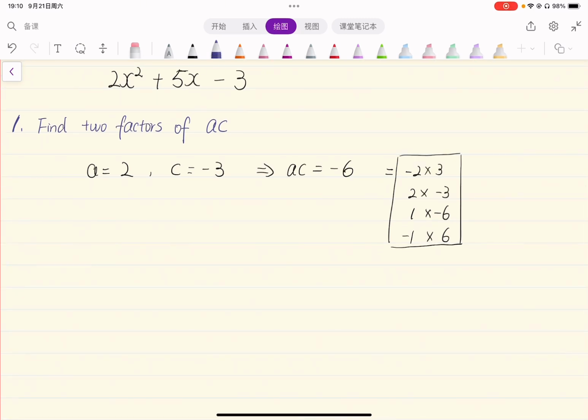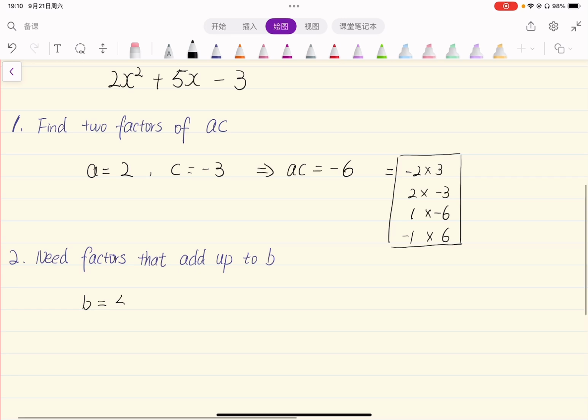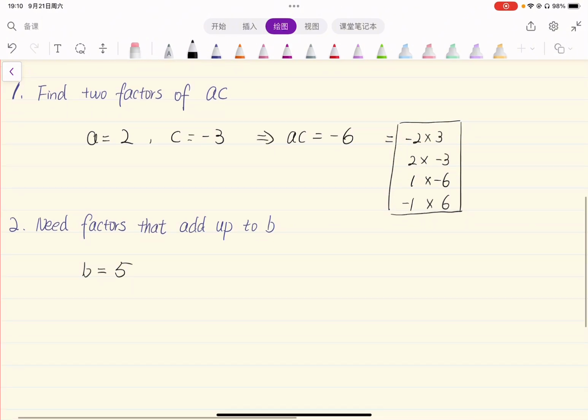So we move on to the second step. That is, we need the factors that add up to B. So what is B? B equals 5. So we need to check which factors we want. Let's do the first one.